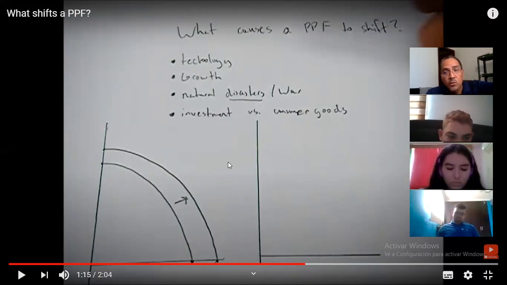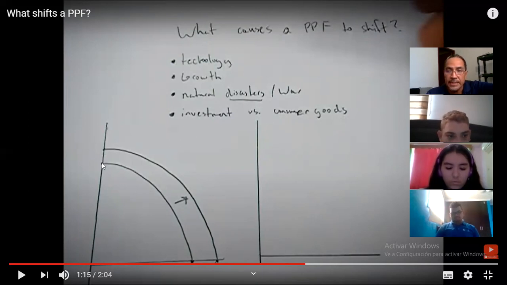Now, if you add new technology to your production or to your factory, then that means that you are more efficient. So if you produce over here, let's say sandwiches, let's pretend there are 60 sandwiches. But you bought a new machine that could help you, and with that machine you can produce 20 more, let's pretend 80.